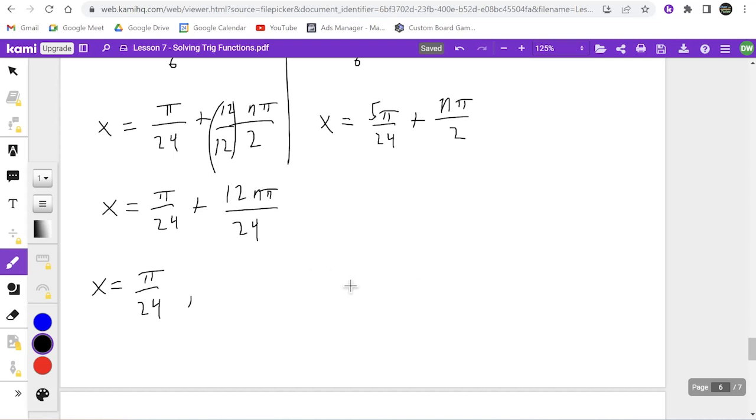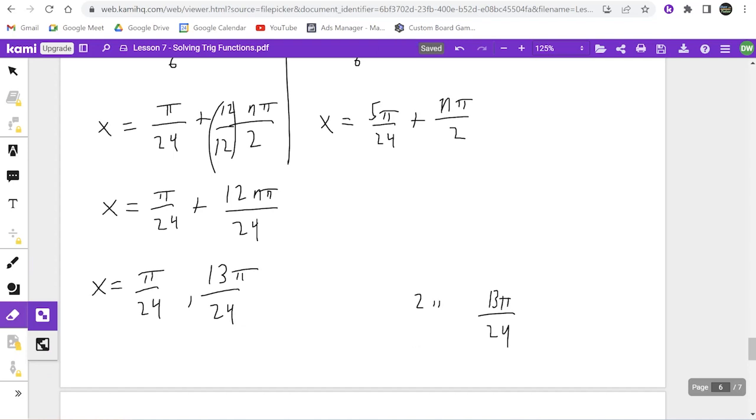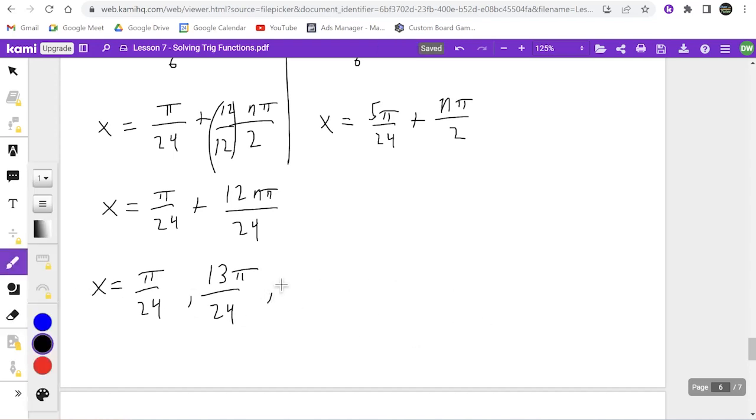Pi over 24 plus 12 pi over 24 is the same thing as 13 pi over 24. So that's the next one, 13 pi over 24. Each solution after this, I'm just going to add 12 pi in the numerator. So for instance, the next number is 25 pi over 24. The next number is 37 pi over 24. The one after that is 49 pi over 24.